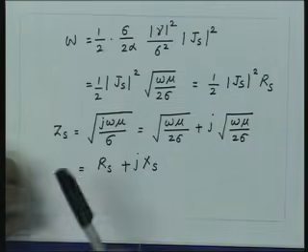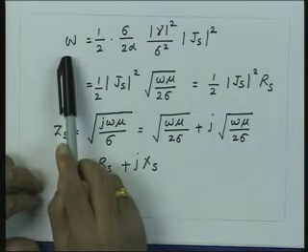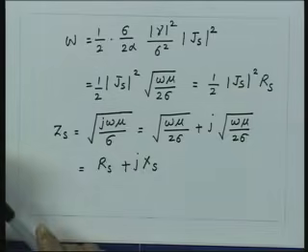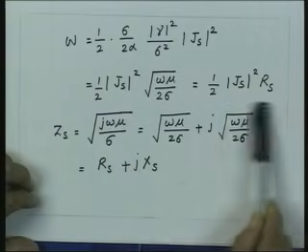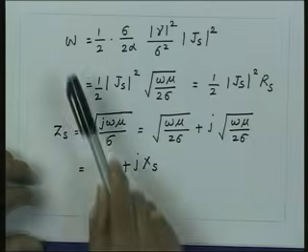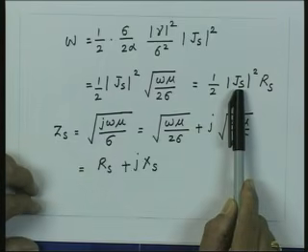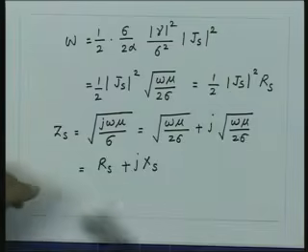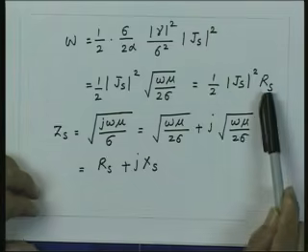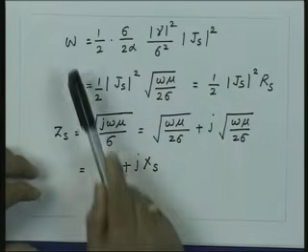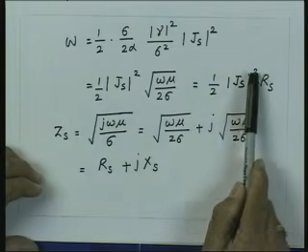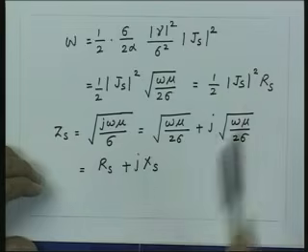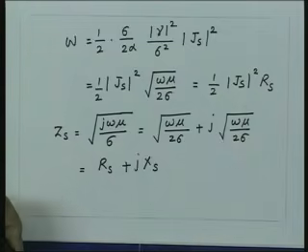This is a very important result: the power loss per unit area of the conducting surface can be obtained by this expression. That means, if I know the surface current density for this conducting boundary and the surface resistance, then the power loss can be calculated as half the linear surface current density square multiplied by the surface resistance.